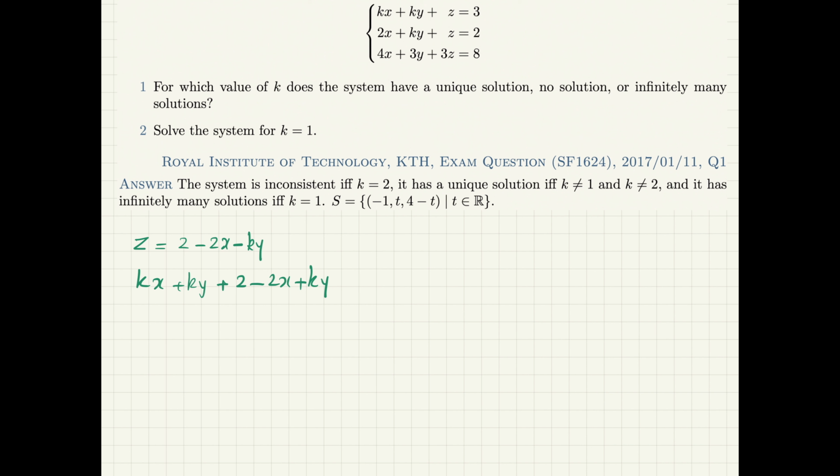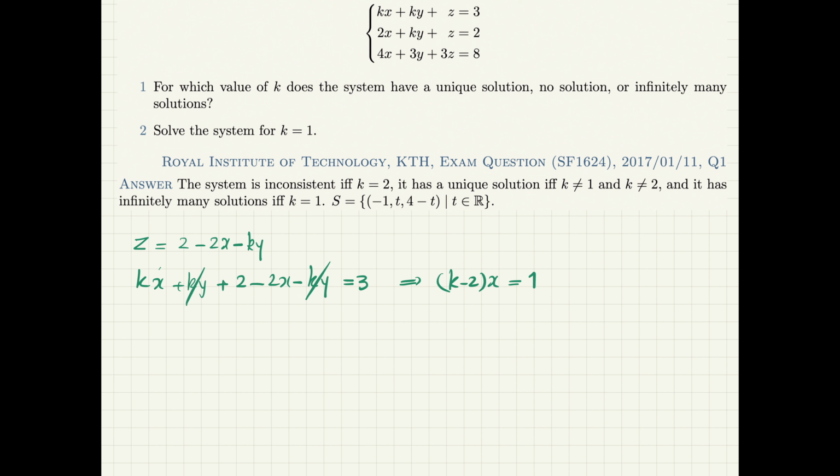So this is also a negative sign. And then what happens here is that I have this one equal to 3. And then this ky and this ky are gone. So I am left with k minus 2x, and then is equal to 1.